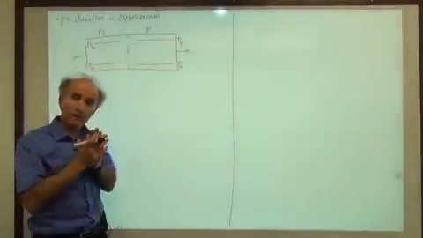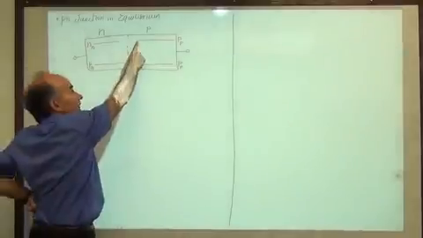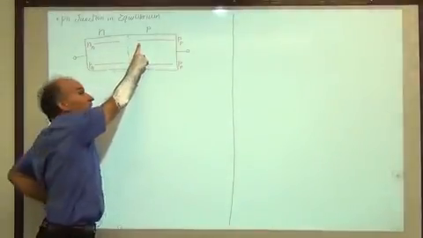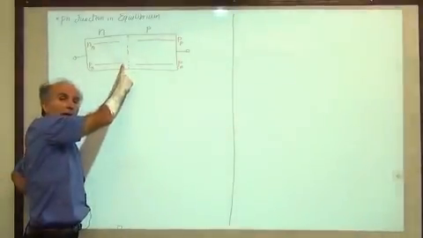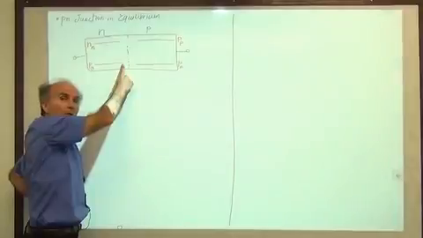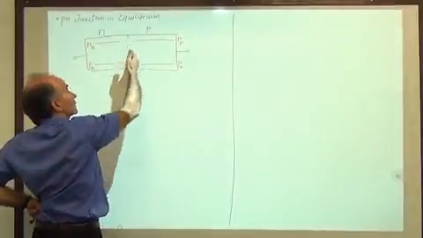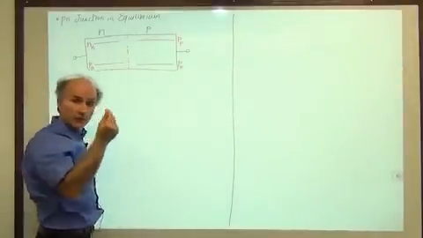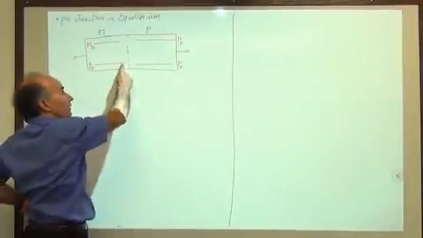Now, when they come together, something interesting happens. If you look here, we have a high concentration of holes on the right. We have a low concentration of holes on the left. So what should happen? We should have diffusion, because that's how conditions for diffusion are provided. We have a high concentration of some particular particle and some low concentration of the same particle.